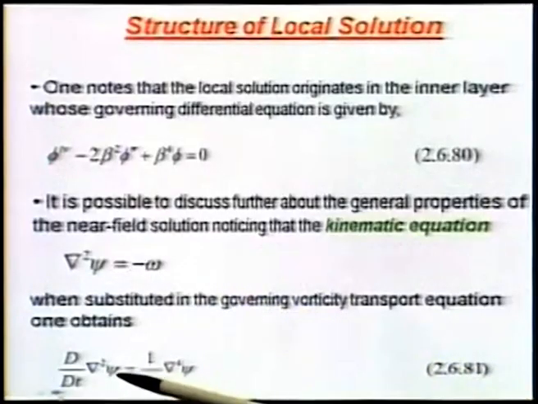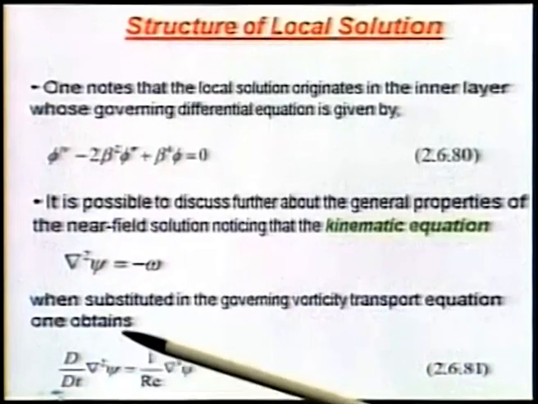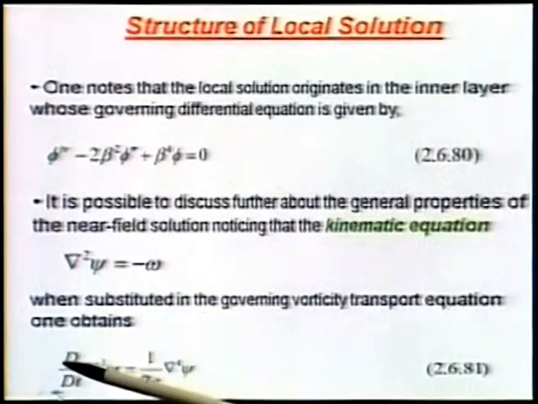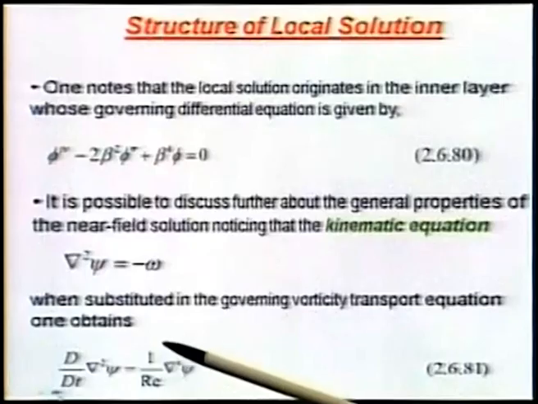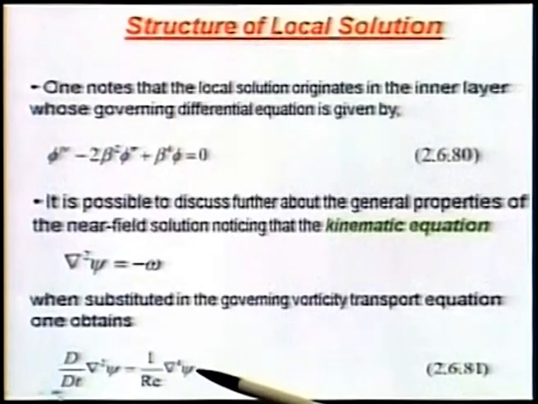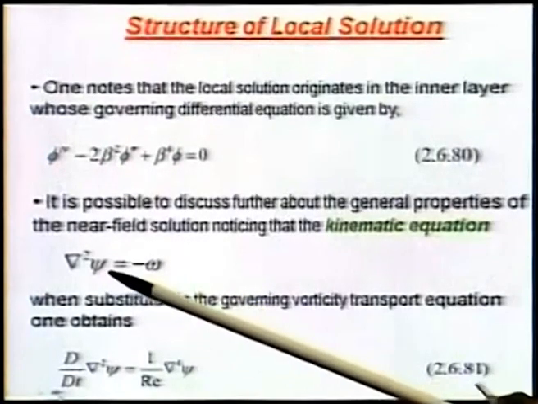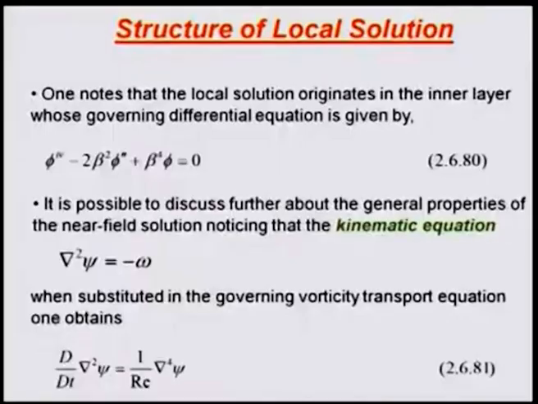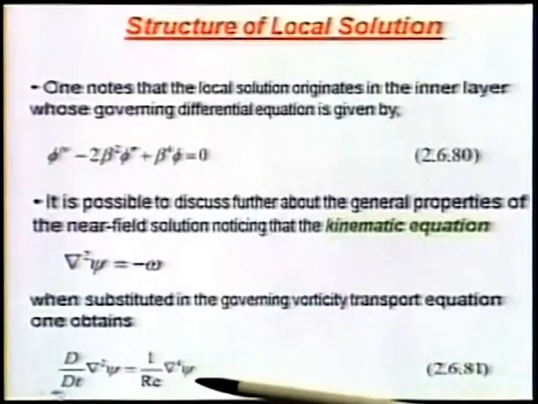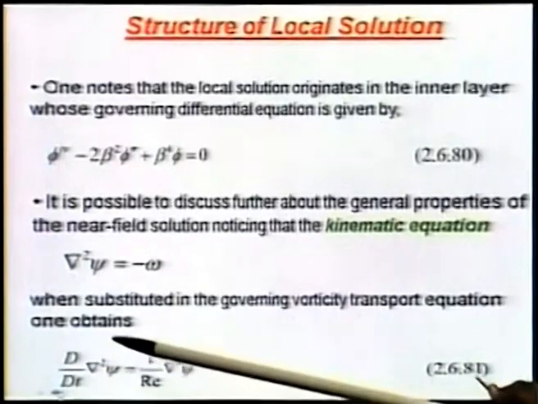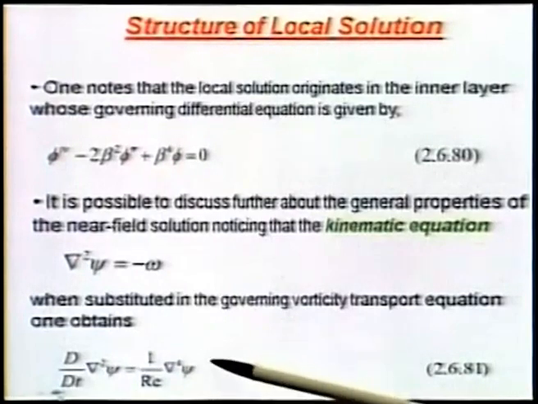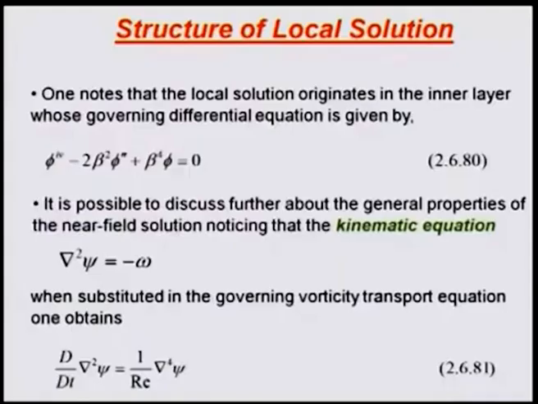You plug it into your vorticity transport equation. So vorticity transport equation is d omega dt, this is the substantive derivative, should be equal to 1 over Re into del square omega. So if I substitute omega equal to minus del square psi, I get this, right? So what is this equation? Here we have a Laplacian on the left hand side, and here we have a biharmonic, right?